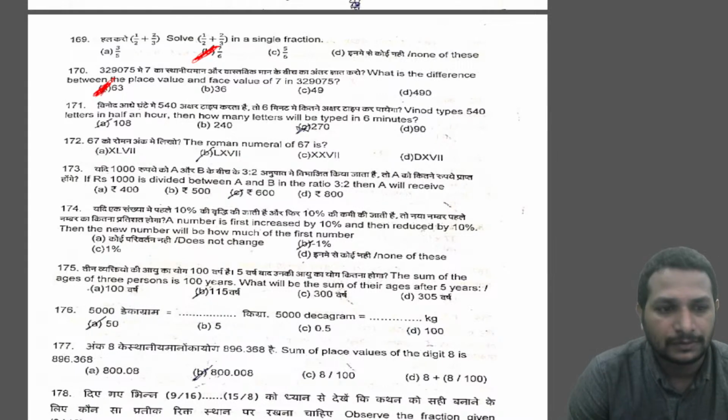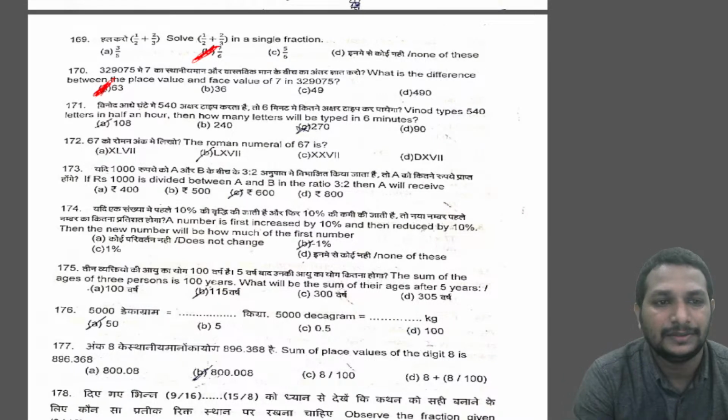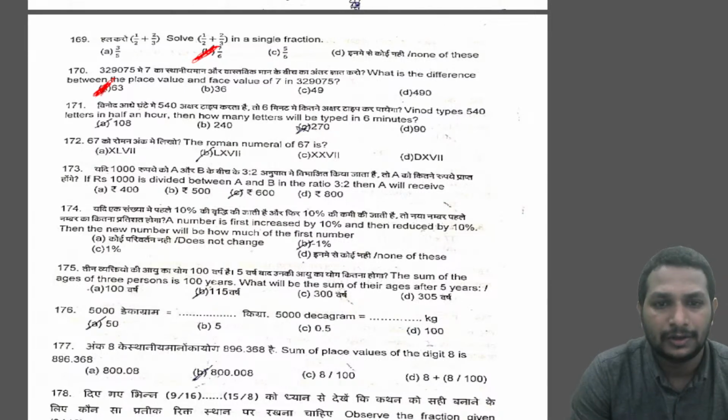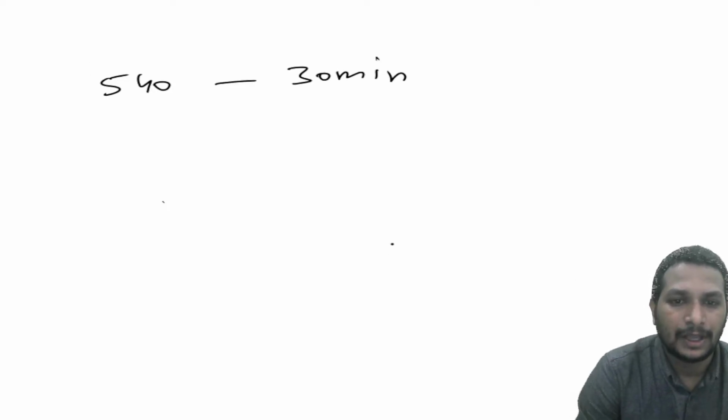Now, coming to the next part, question number 171. A typist types 540 letters in half an hour. Then how many letters will be typed in 6 minutes? This question is related to the unitary method concept, right? 540 letters can be typed in 30 minutes, half an hour.